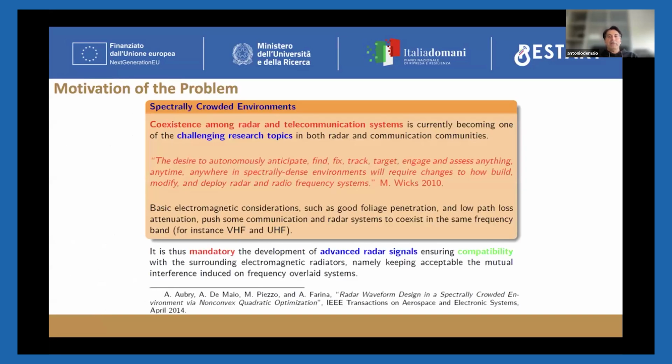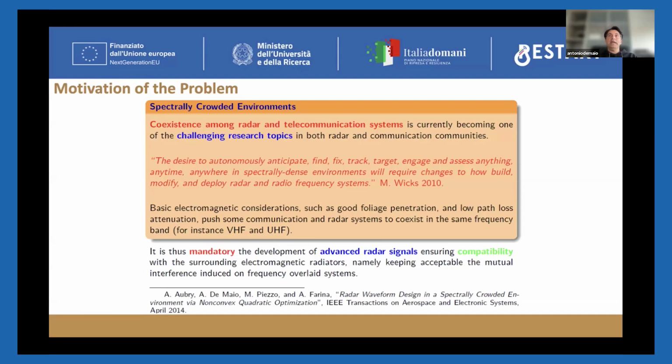First of all, something about the motivation of the problem. Well, it is well known that coexistence between radar and telecommunication systems over the same spectral bandwidth is currently one of the hot research topics, both in communication and radar communities.